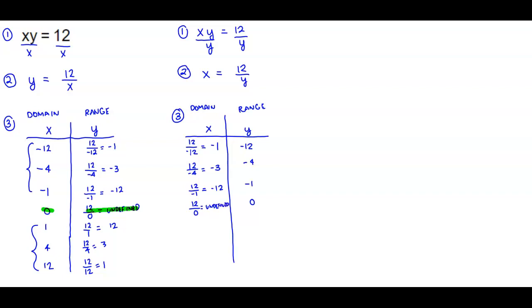Now if we picked 12, we know that 12 divided by 12 is going to equal 1. If we picked 4, 12 divided by 4 is going to equal 3. And if we picked 1, 12 divided by 1 equals 12. So again, what do we notice here?